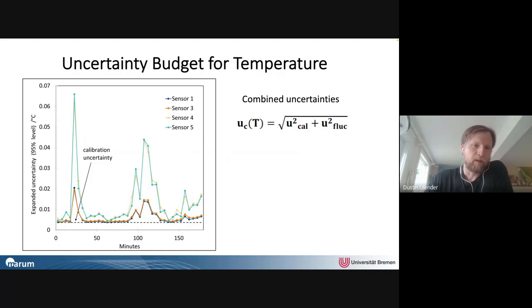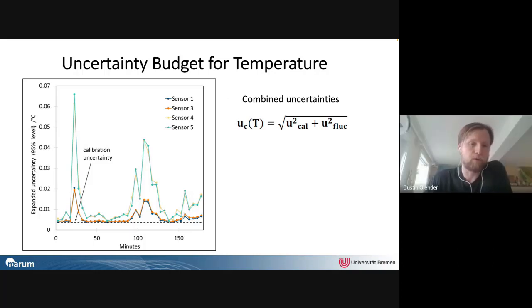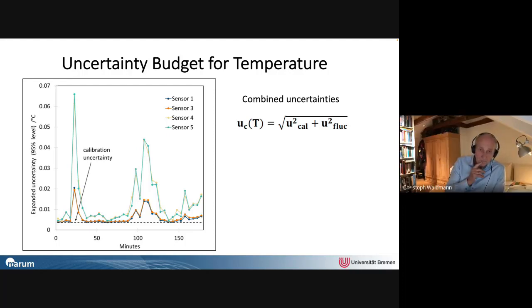I knew it would be bigger, but here you're suggesting it varies quite a bit. In some cases it's an order of magnitude more than the accuracy, and in other cases it looks very close to the data sheet accuracy. I don't know if I have a question. It's more just a realization.